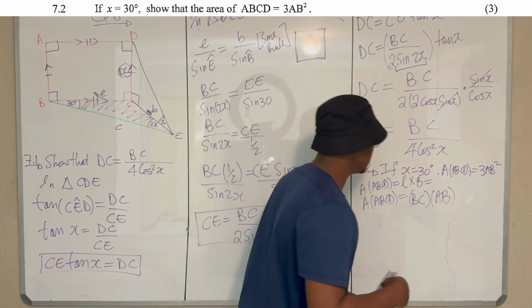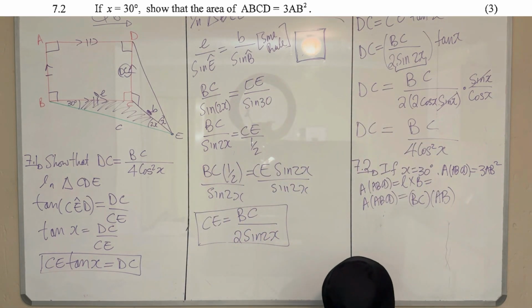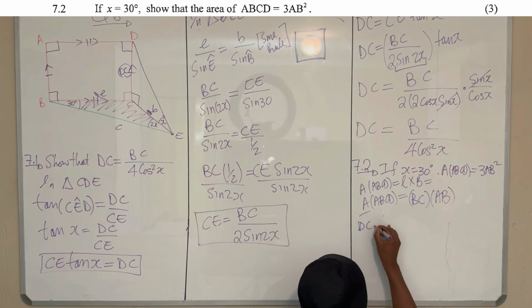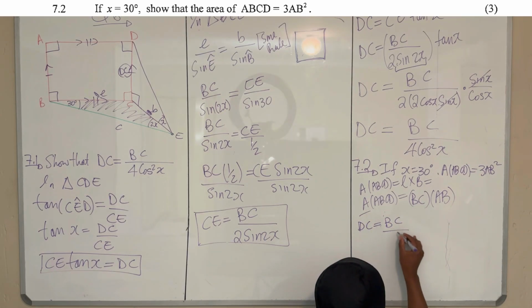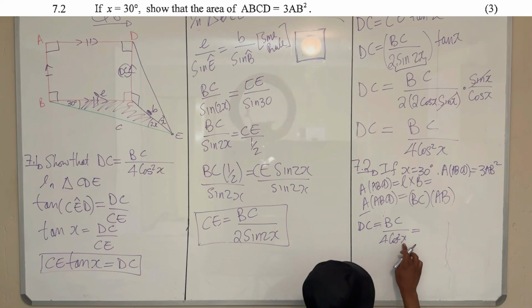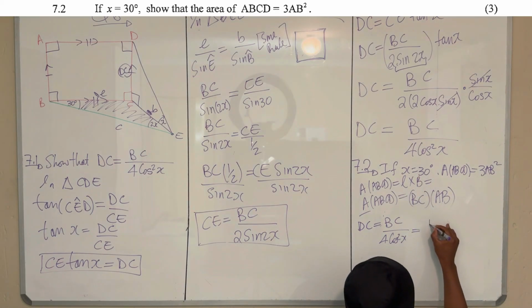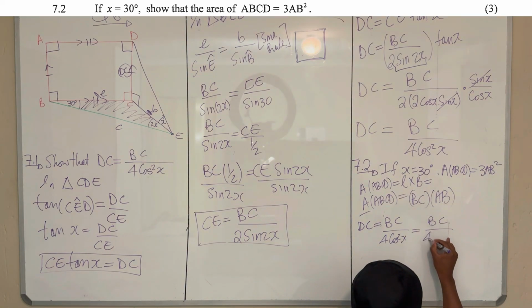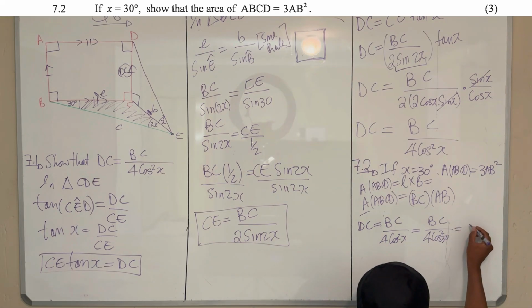We just show that DC is equal to BC over 4 cos squared x. But because x is equal to 30, you can say DC is equal to BC over 4 cosine of 30 all squared, right? And what is this?